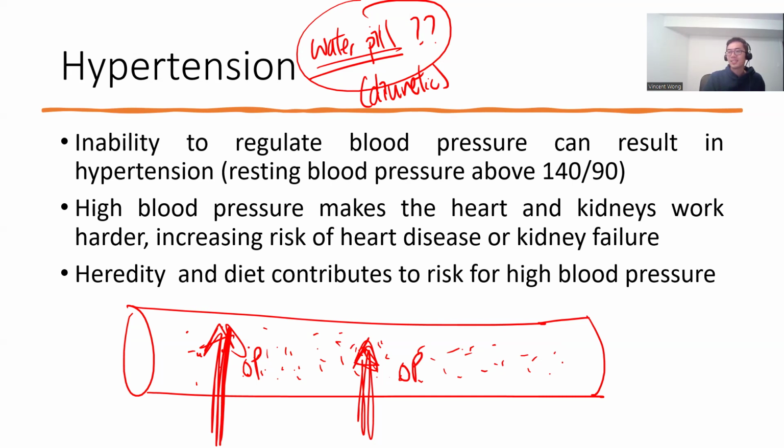Water and salt together? Yes, mostly water. Exactly. So when you pee a lot, you're basically reducing the water content in your body, and so your blood volume goes down, and blood pressure goes down, right?